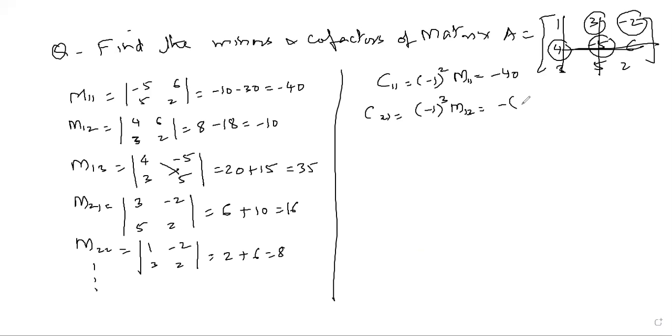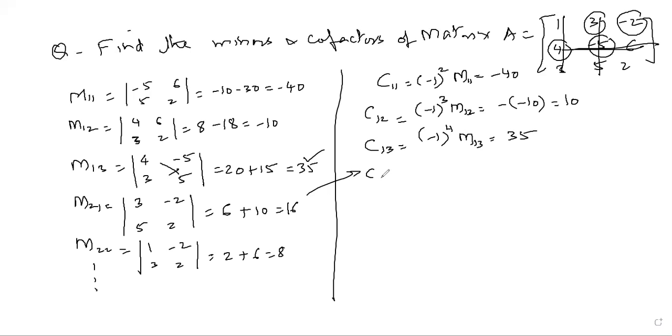Here minus and minus 10, so this will become plus 10. Then C13 is minus 1 raised to power 1 plus 3, 4, and M13 is 35, and minus 1 to an even power is positive, so this will be 35.